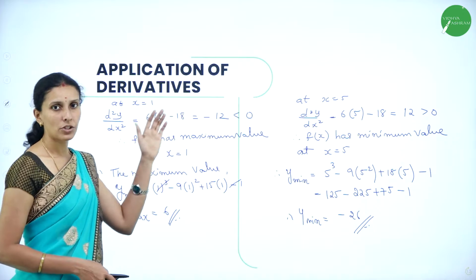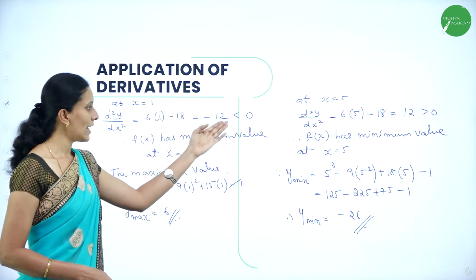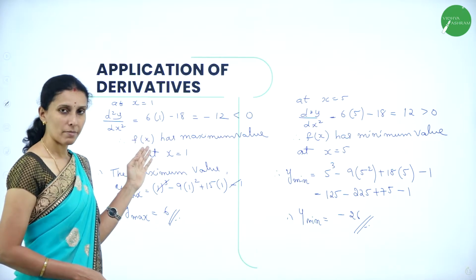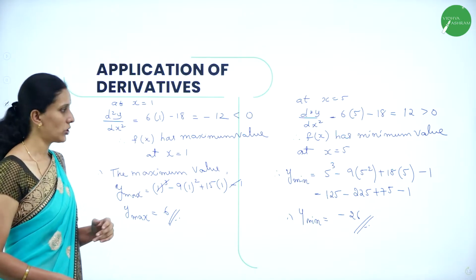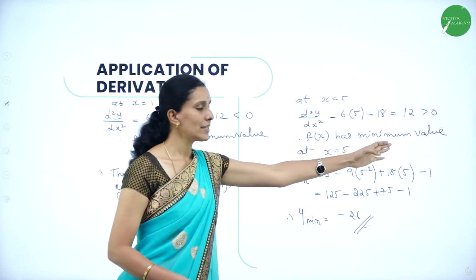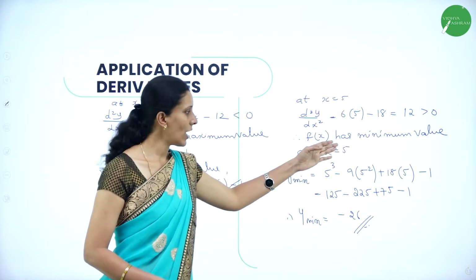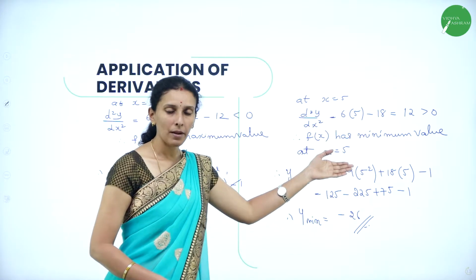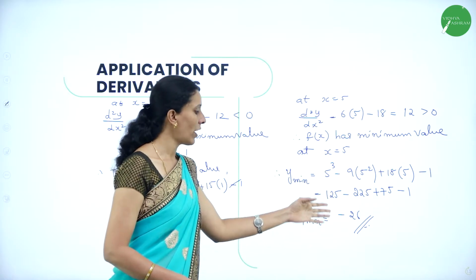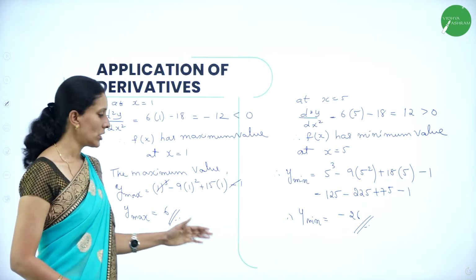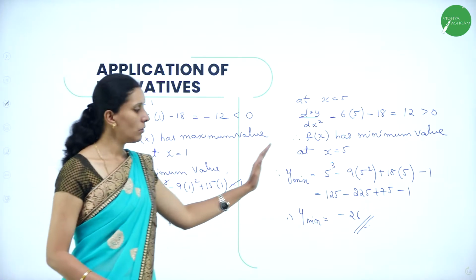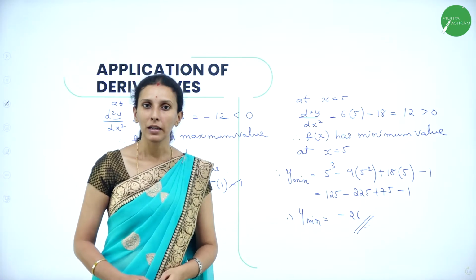Find whether it is positive or negative. If it is less than 0, it has maximum value. Find the maximum value in the original equation. If it is greater than 0, that means it has a minimum value. Substitute the same thing in the given equation. Find the minimum value. So, therefore, for this function, 6 is the maximum value and minus 26 is the minimum value.